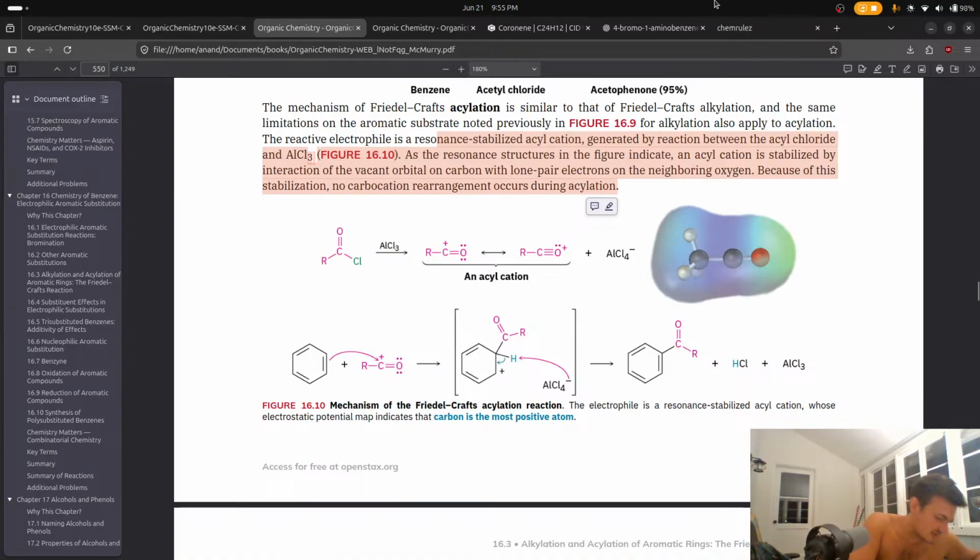Let me draw my benzenes nice. I've been drawing my benzenes so ugly because I've been writing them so much, but it's actually much nicer to have good looking benzenes. And then this is a carbocation, and then AlCl4 minus comes in and takes this hydrogen.